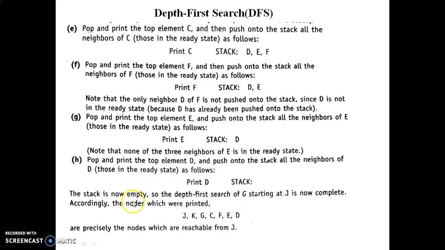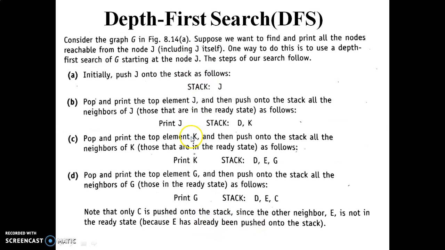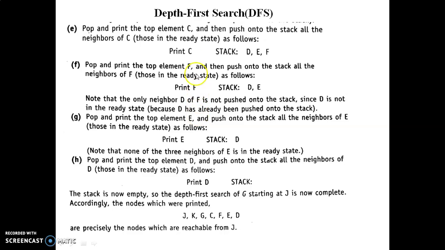Accordingly, the nodes which were printed are as follows: J, K, G, then C, F, E and D.